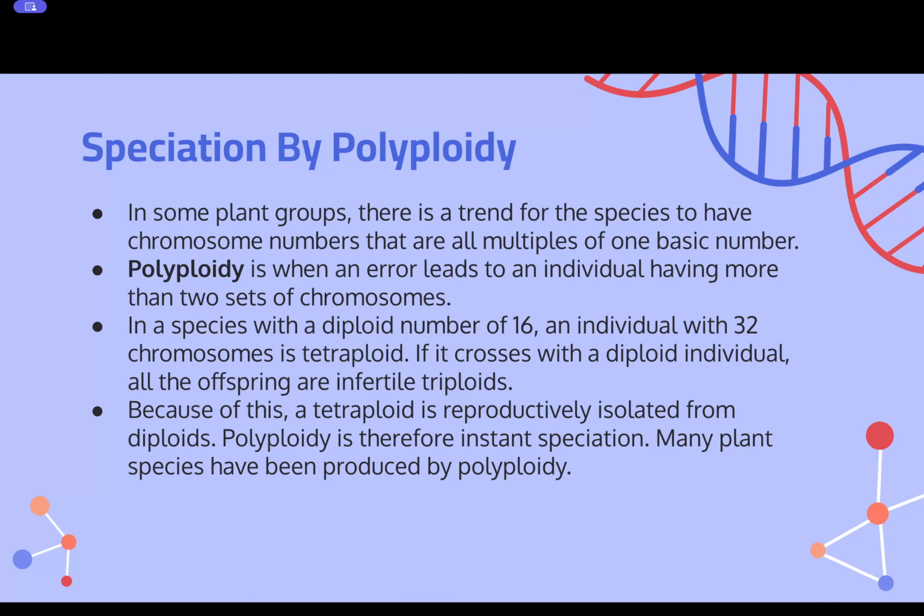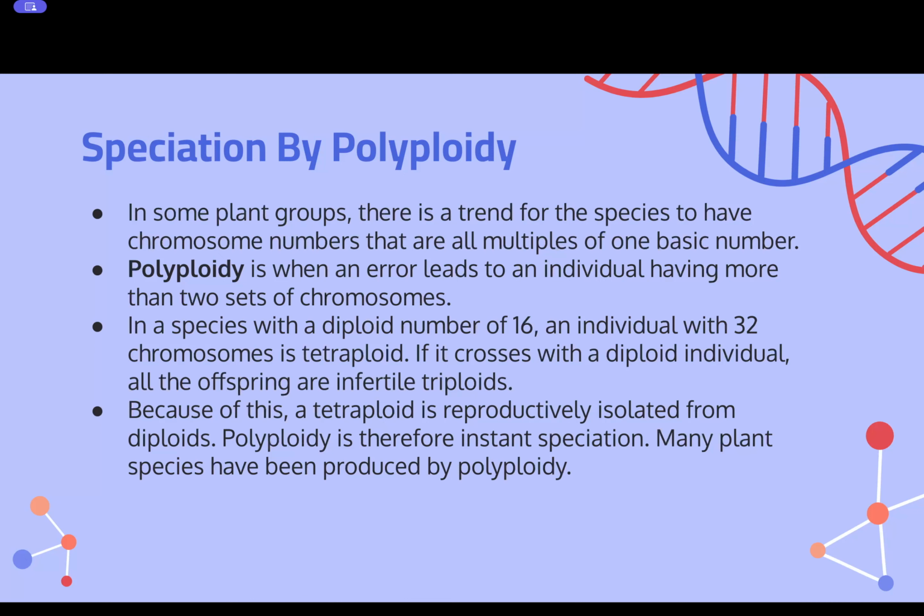So in a species with a diploid number of 16, which, by the way, is an example of allium, I believe, if there's another individual created from that same species with 32 chromosomes, which is 2 times the diploid number, it results in a tetraploid number.